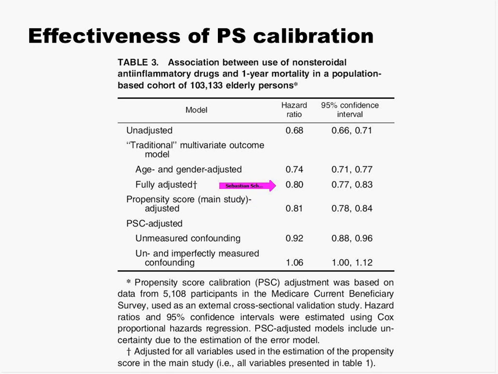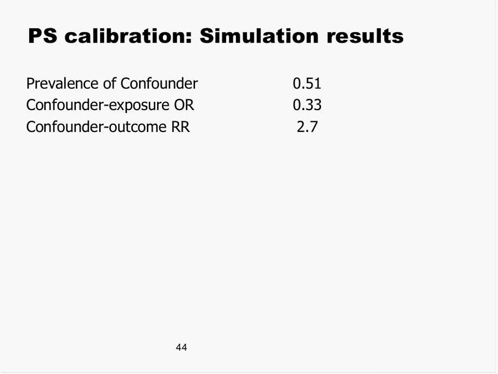So 0.81, no big difference here. But once you do the propensity score calibration adjustment, the point estimate is moving up to 0.92, and there's a slightly different way to do that. You go even to 1.0, what we would have expected based on our assumption that NSAIDs are not associated with mortality.